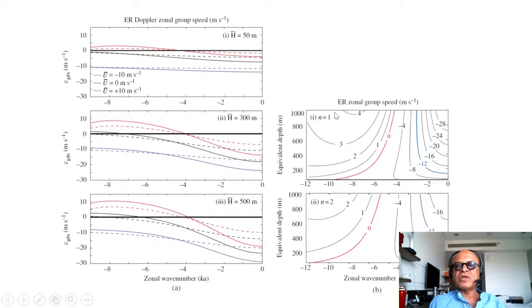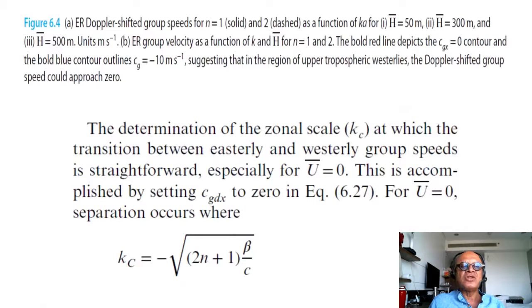First Hermite polynomial or meridional mode, second polynomial mode, and the zonal group speeds are written here in meters per second, and you can see that there is a change in the critical wave number where you go from eastward group velocity to westward group velocity. Okay, so the character of the waves themselves changes obviously when you have interactions with the background state and when you increase the fluid depth.